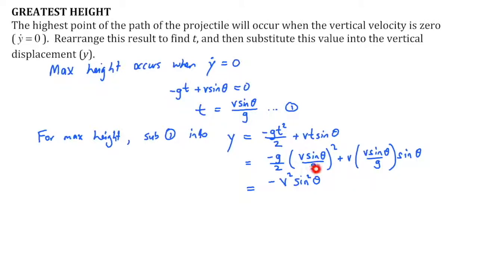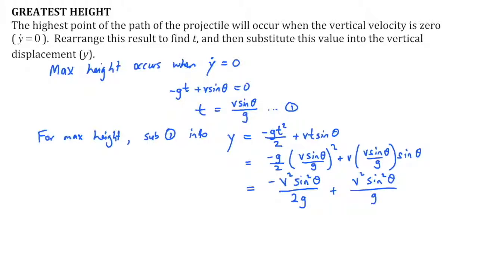So on the bottom, this g is squared, and so one of those g's will cancel with the g on the top, so I'll end up with over 2g, plus, now when I look at this, I have a v and a v, they'll give me v squared, a sine theta, that'll give me sine squared theta, so it's v squared sine squared theta over g.